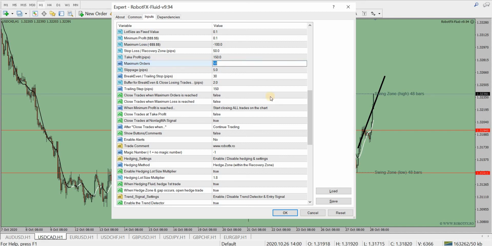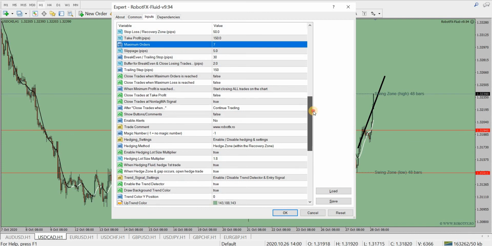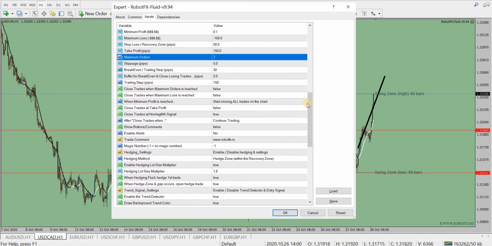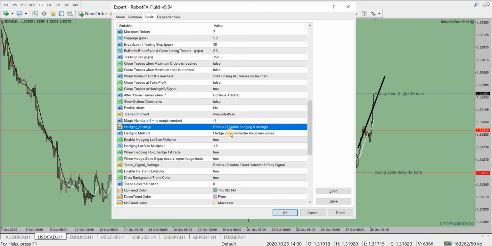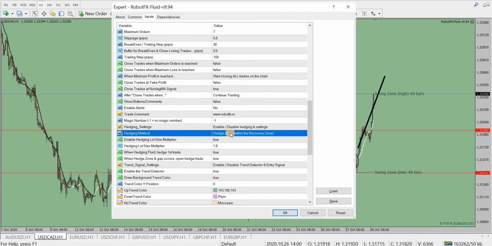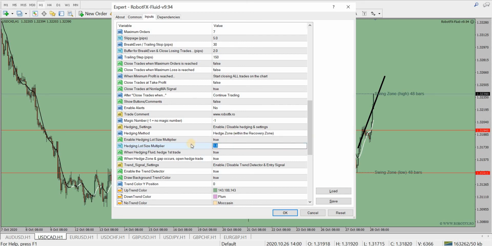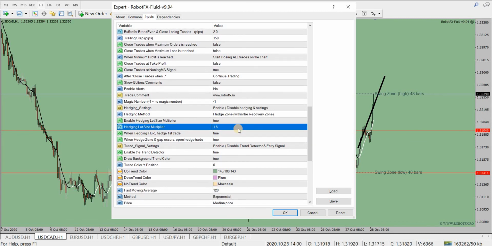You never know what might happen. This is not so important when you are using a stop loss, but very important when you are hedging. You don't want too many opposite orders, because the hedging always increases the lot size.